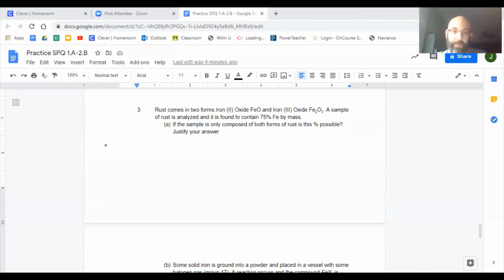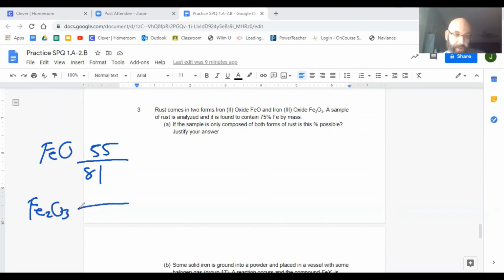Right, so once we know the percent mass of iron, we can find out how this answer stacks up. So for iron 2 oxide, that's 55 over 71. Iron's 55, oxygen 16. And for iron 3 oxide, we have 110, and then 110 plus 48 is 158, right?